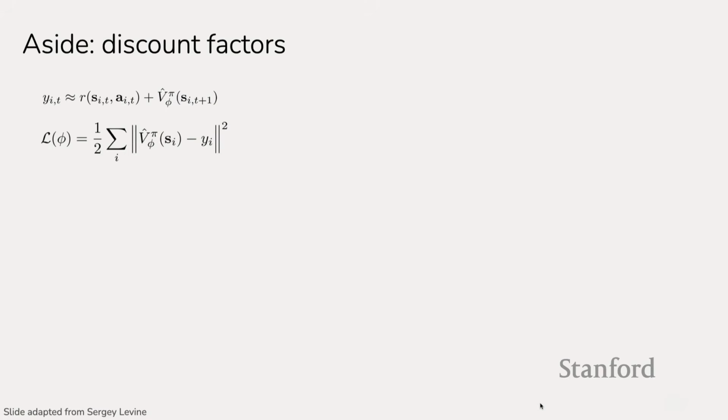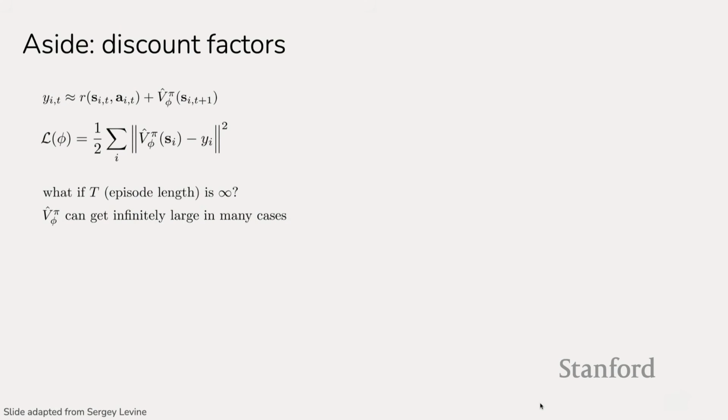Okay. One aside here. So far we've been summing rewards, and we actually talked in the first lecture about how in some cases we might not want to just blindly sum all rewards in the future. In particular, if you think about scenarios where the length of the episode is infinite, or very, very long, then your estimate of the value can get very large in those cases.